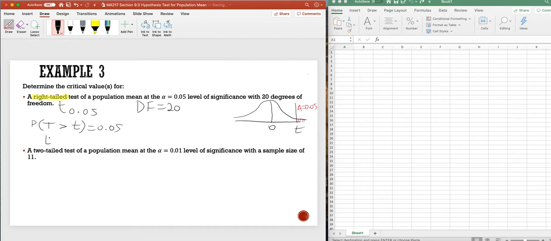So in Excel, to find that little t, we are going to use the following function. This takes the form of T.INV. This uses 1 minus the level of significance, so 1 minus alpha, comma, the degree of freedom.